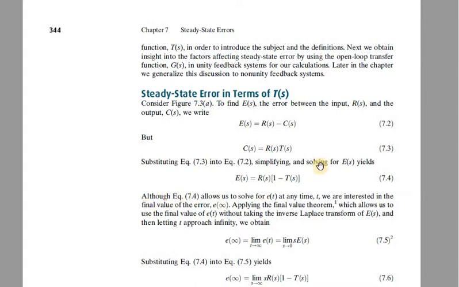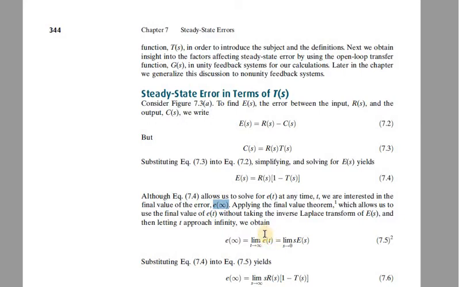We can solve for E of t at any time, but we are interested in the final value of the error, which we represent as E of infinity. Applying the final value theorem allows us to use the final value of E of t without taking the inverse Laplace. So E of infinity equals the limit as t tends to infinity of E of t.